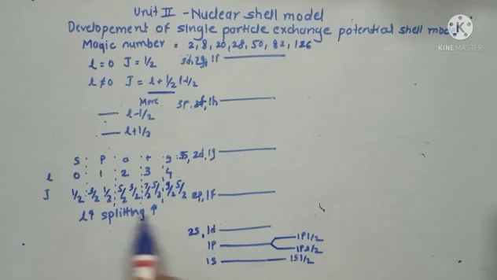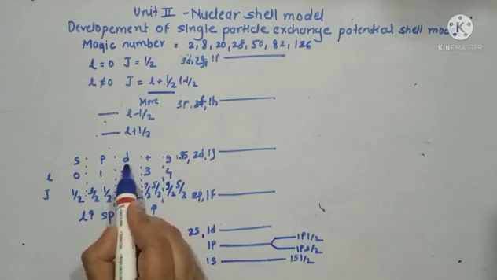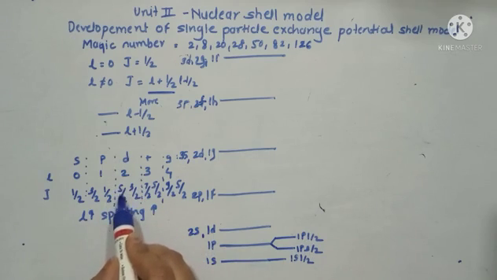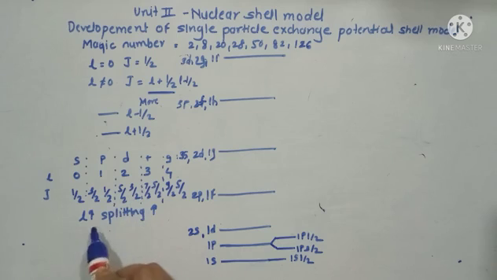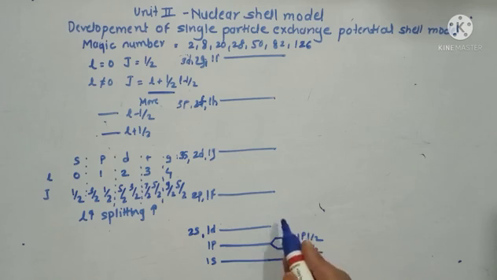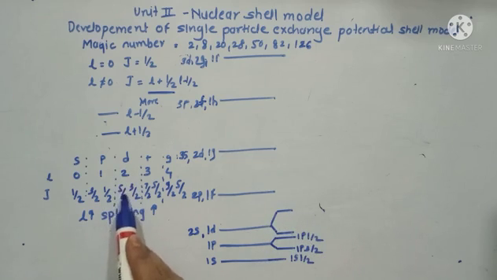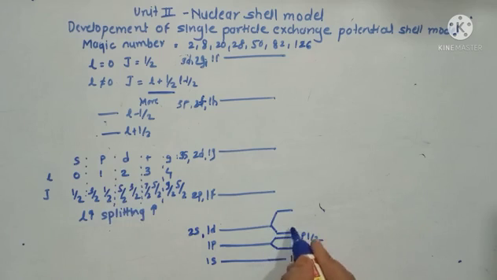Similarly, this d will split into 5/2 and 3/2. As we know that the splitting between the p and d orbitals is different, we have to show it. So I am showing it a little bit more like this. So d 5/2 will be moving downwards due to the more stability.